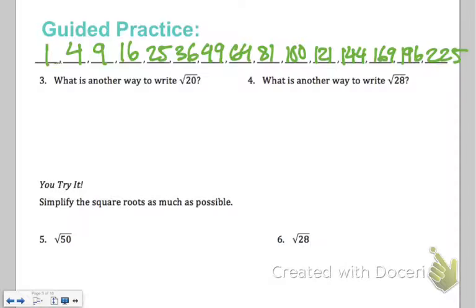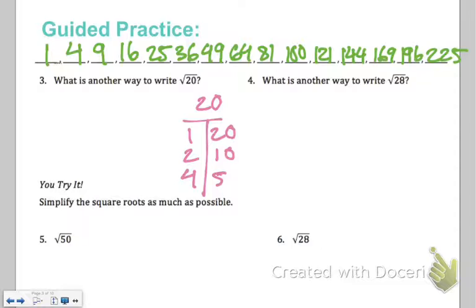So another way to write the square root of 20 would be to find factors of 20 in which one of the numbers is a perfect square number. So if we consider the factors of 20, we have 1 times 20, 2 times 10, and 4 times 5. So it might help you to actually list out the factors in today's lesson.